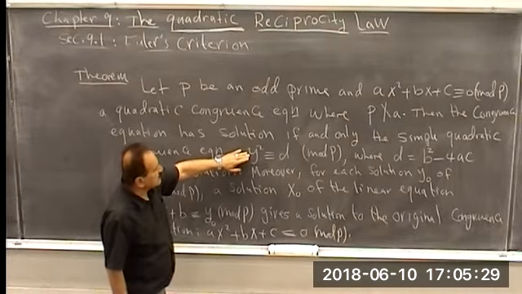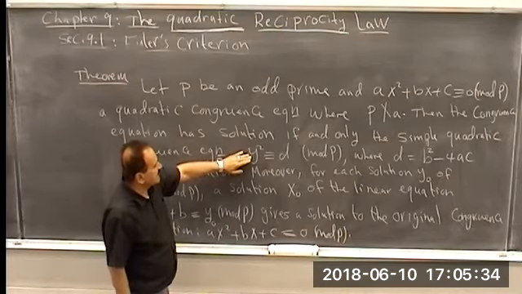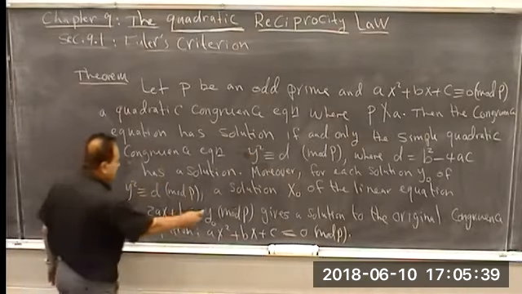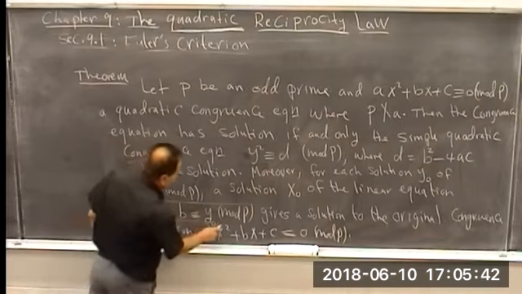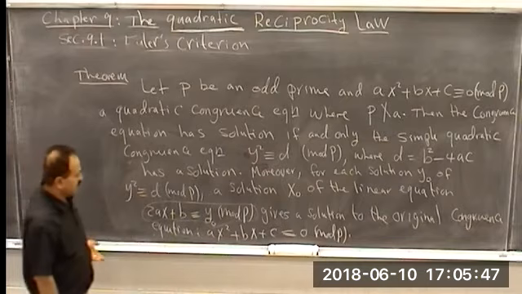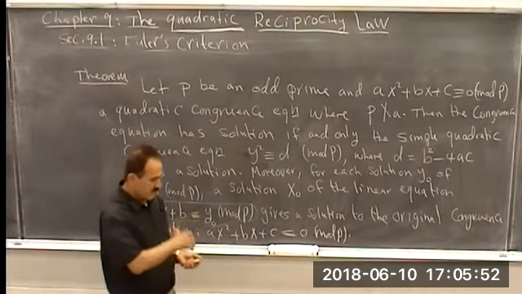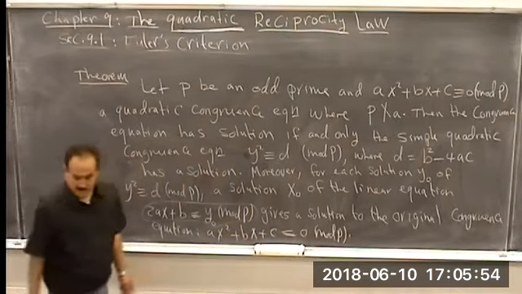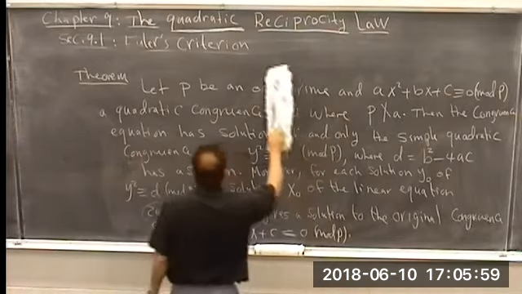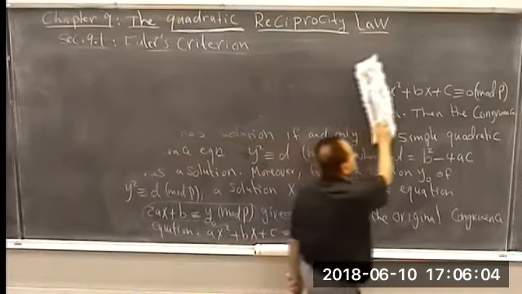Actually we're going to see that it does have two solutions, and for each one of these solutions, we find a solution for this linear equation, and then this produces the solution for the original equation. All right, so this does two things. It tells us the conditions under which the equation is solvable, and at the same time gives us a procedure on how to solve it.